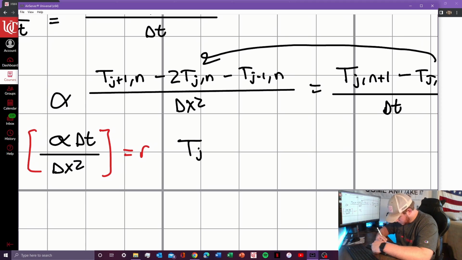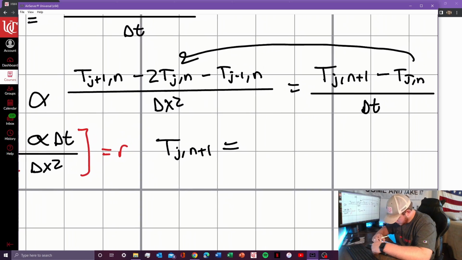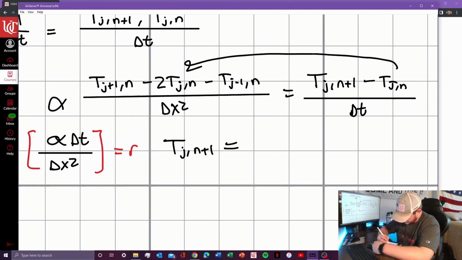T_j to the n plus 1 is equal to, and then this is all going to distribute to all these.